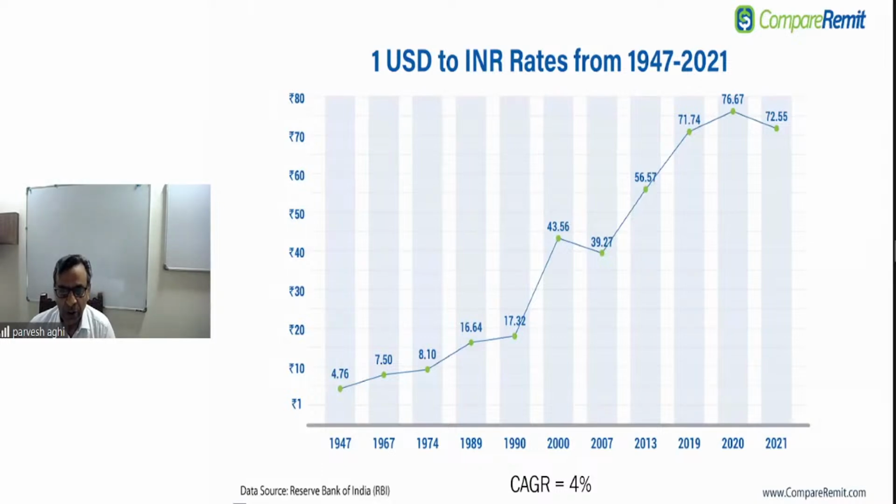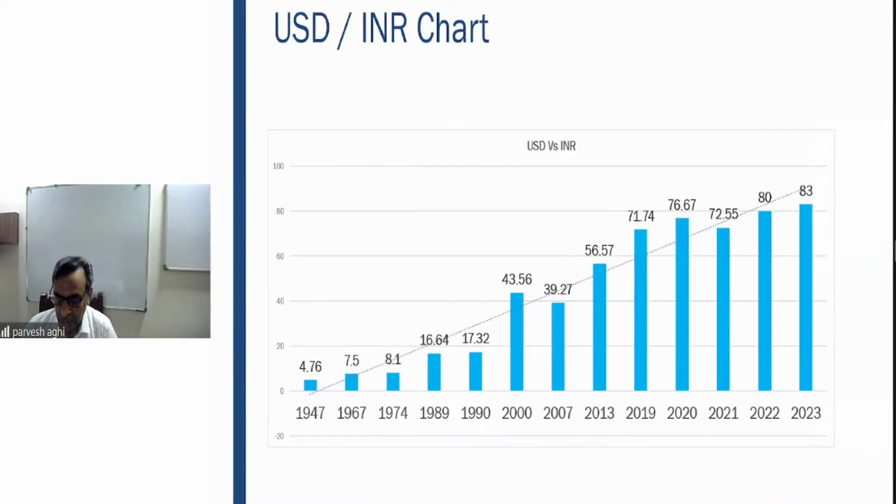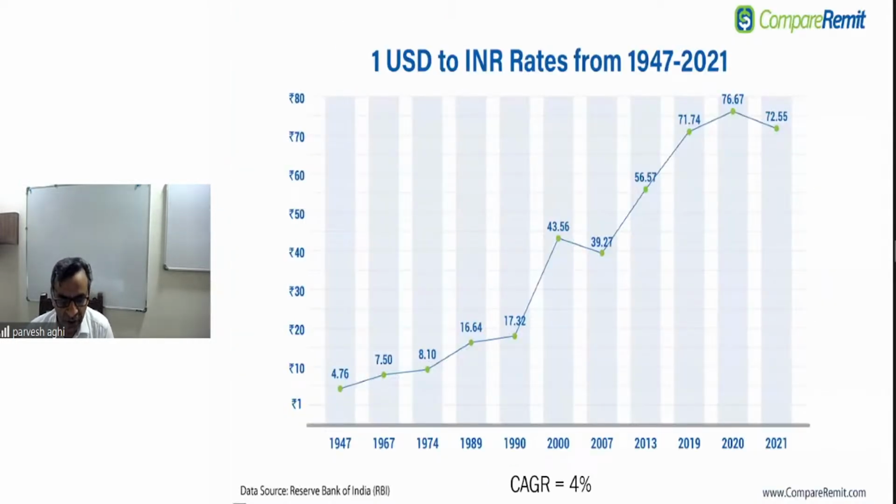So if you look at this, the dollar versus rupee chart from 1947 to 2021, and of course, in the next chart I have made it right up to 23. You see the dollar was just 4 rupees 76 paisa in 1947. As we speak, today it's about 82.90. So we have seen that the dollar has always appreciated against the rupee.